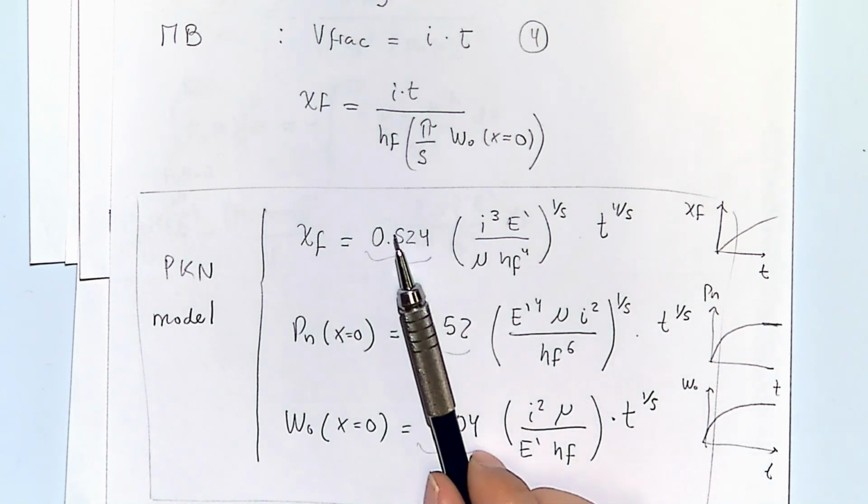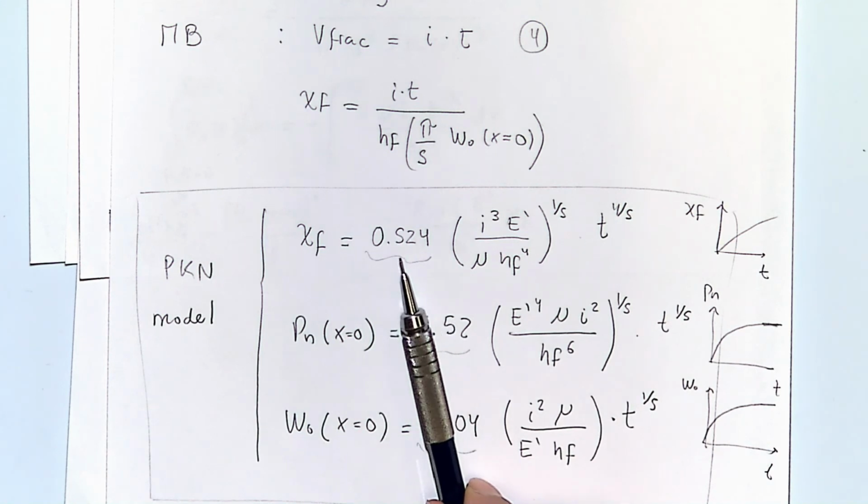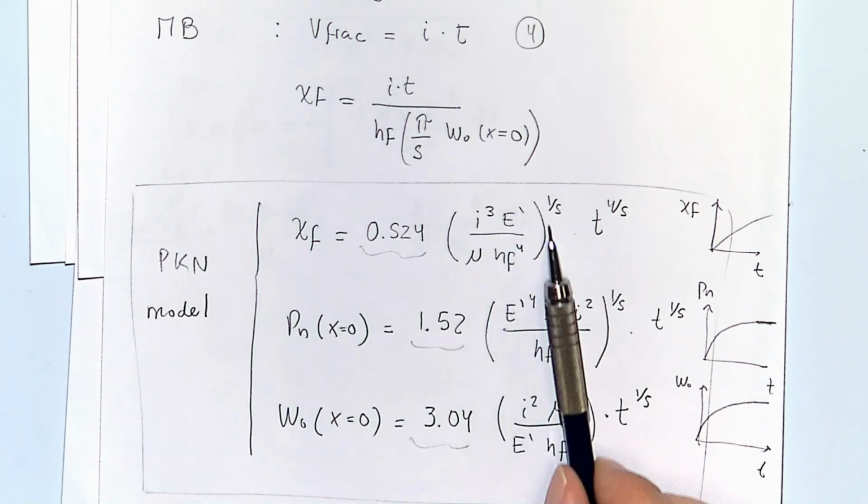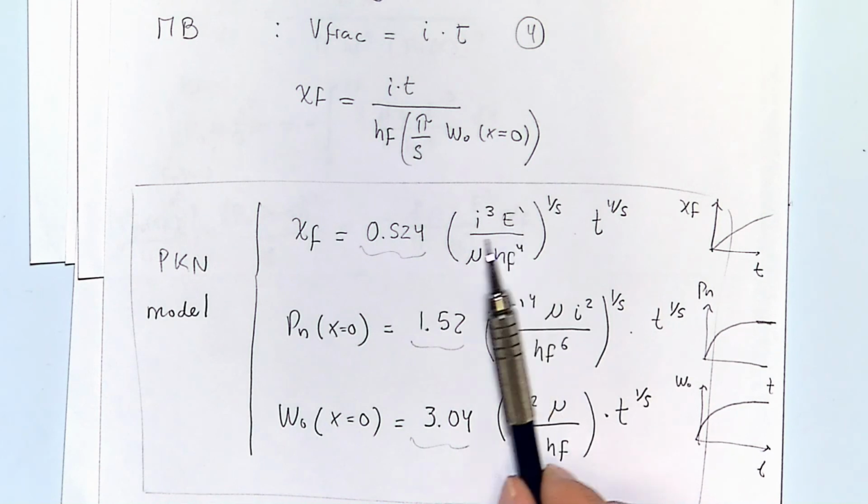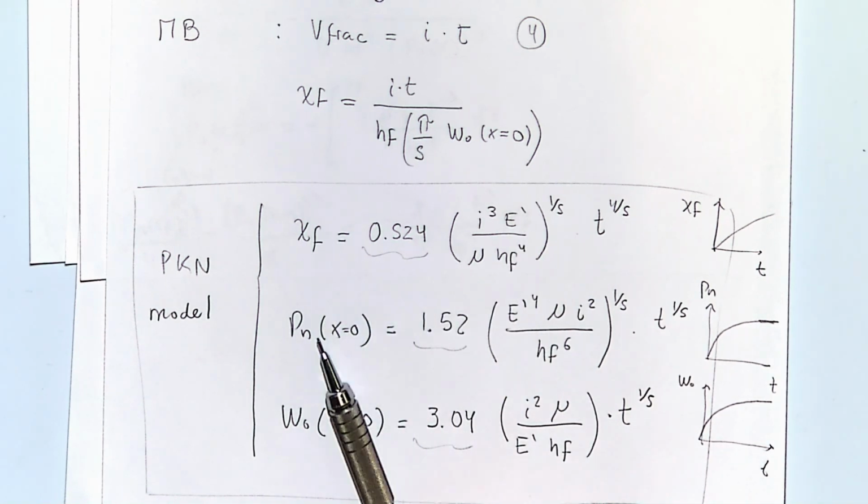And remember, these are just coefficients. If you put everything in here in SI units, you will get meters, pascals, meters. And then you can convert that back to whatever you want.